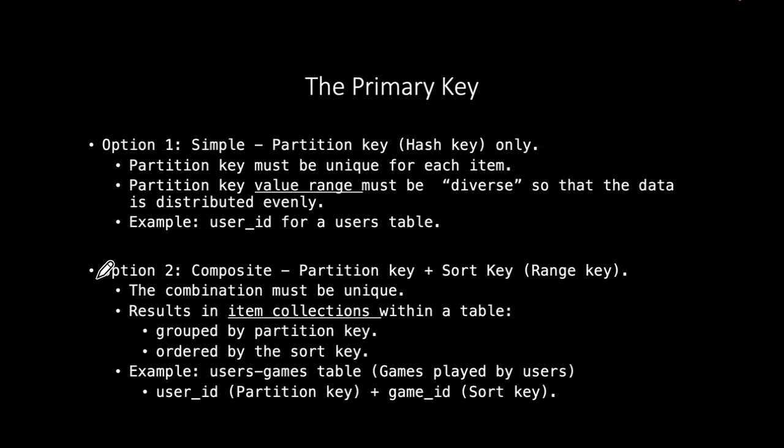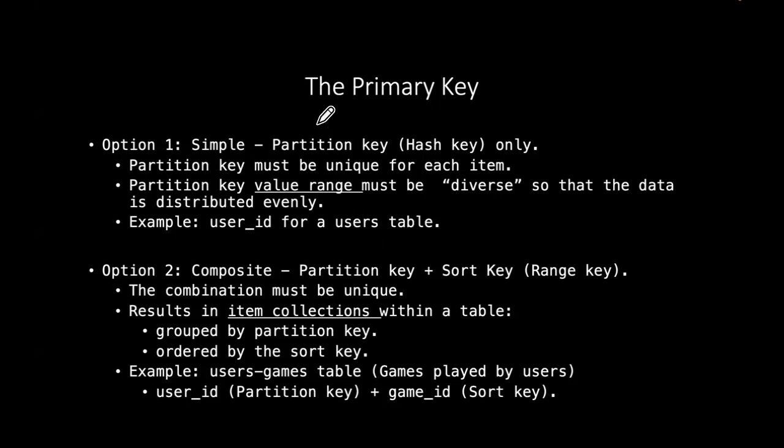That's all right. The second type of primary key is what's referred to as a composite primary key. And a composite primary key has two parts to it. It has the partition key part and something called the sort key part. And these are essentially two attributes that, when combined, form a unique combination within the table. So in this case, it turns out that there could be a number of items in this table that have the same partition key value.